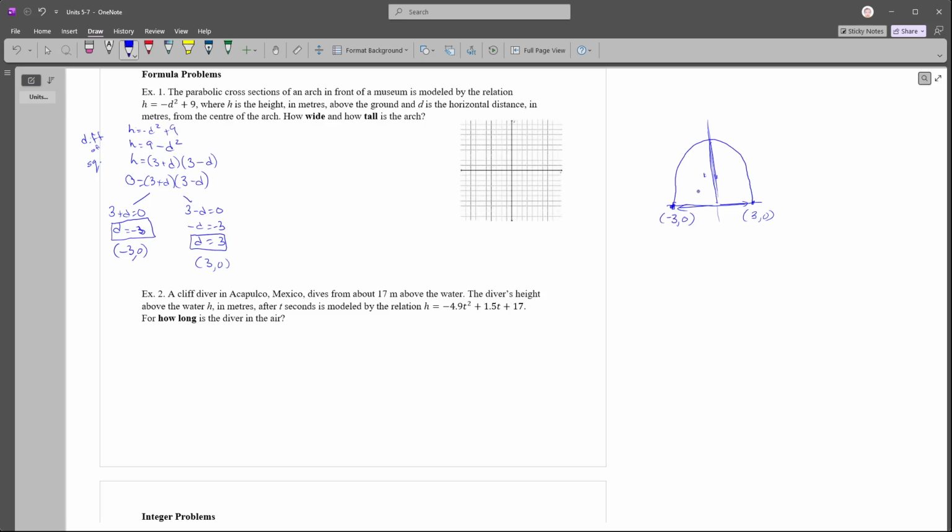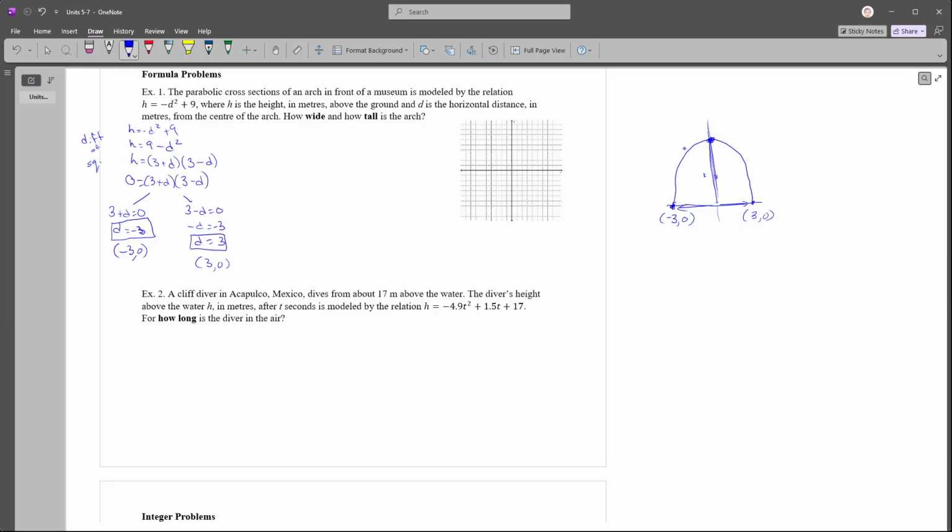Awesome. So the question asks us how wide and how tall it is. So how could we possibly figure out how tall this is? Well, this is just a parabola. So where is the height of our parabola? It's at its vertex. So we need to figure out where this vertex is. We know how to find the vertex of any parabola as long as we have the x-intercepts.